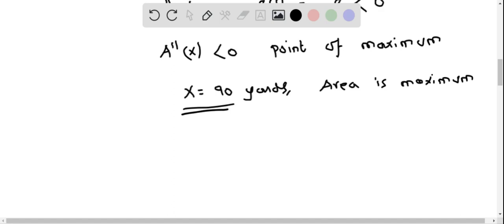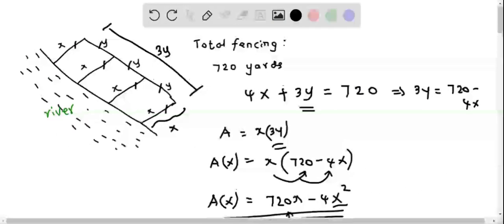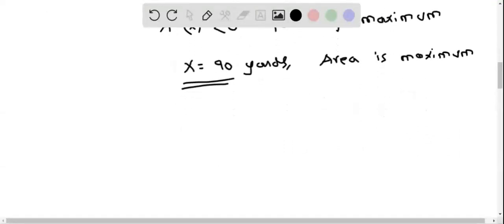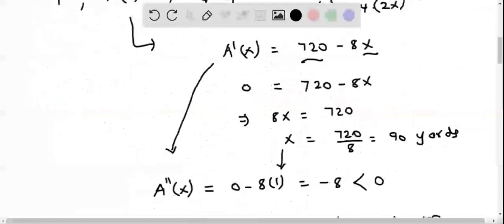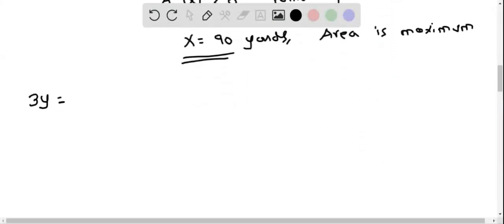We'll find the y, that is the other side of the enclosure, using this equation, 3y equals 720 minus 4x. So I'm going to determine y from that equation. Let me plug in x equal to 90 here. So 3y equals 720 minus 4 times 90.